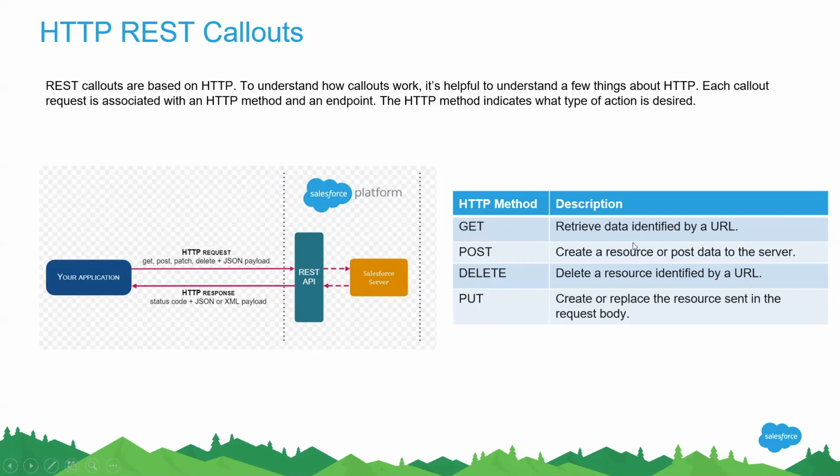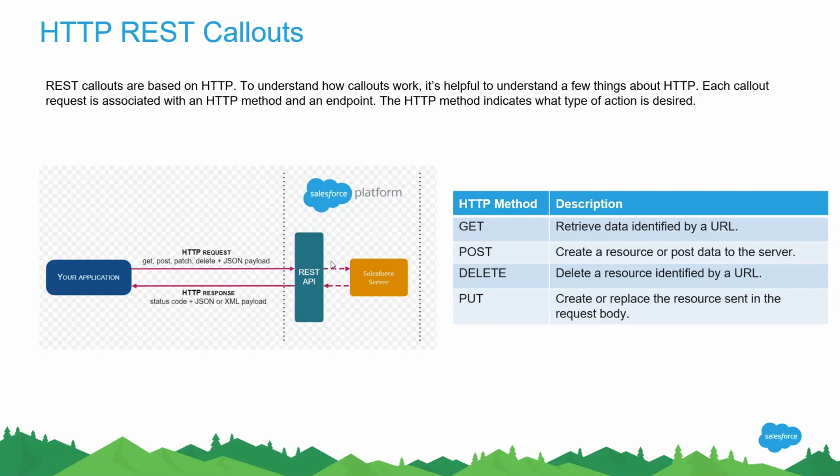Get is for retrieving data using a URL. If you want to get all the accounts data or opportunity data, you will use get. Post is for creating an opportunity or an account from a third party system into Salesforce. Similarly, you can delete, and put is mainly for create or replace.